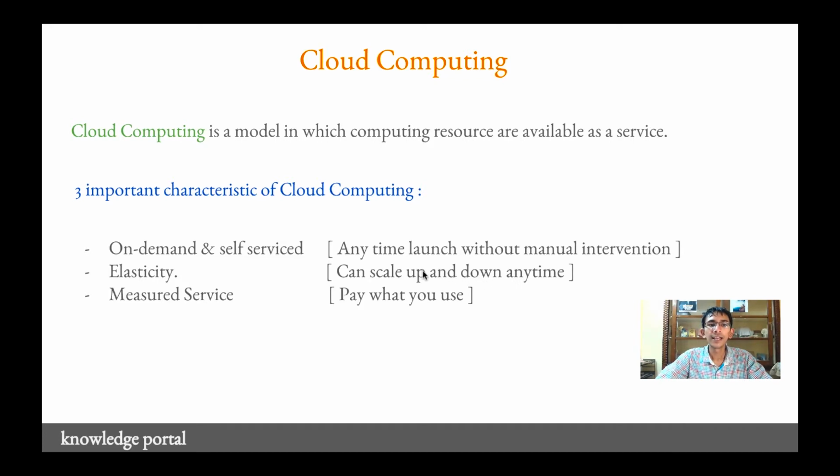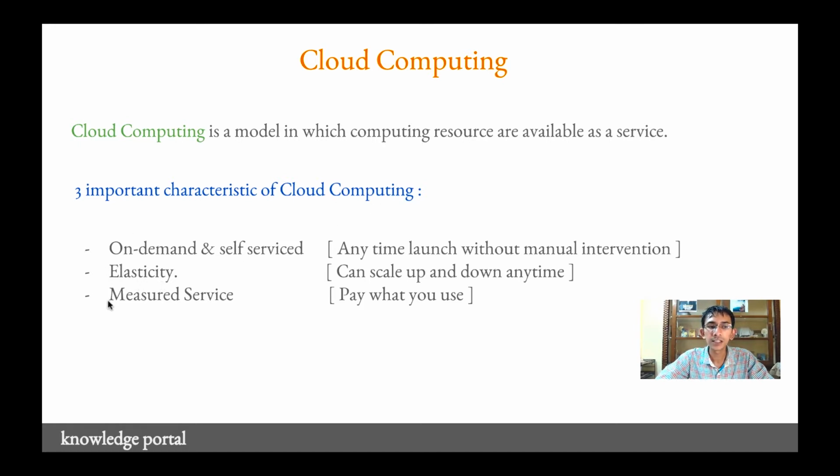So if I want a 64 GB RAM server only for 3 hours, then I should be able to do that. And after 3 hours, I can scale it back down to 1 GB RAM. If I want to scale up, I should be able to do that. If I want to scale down, I should be able to do that. So that is the second important characteristic of cloud computing.